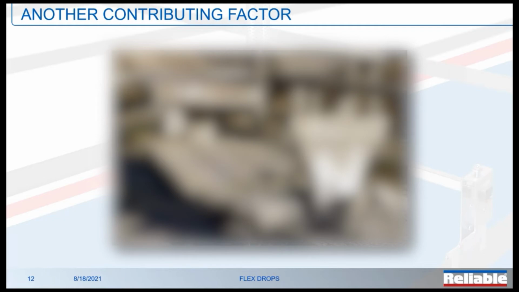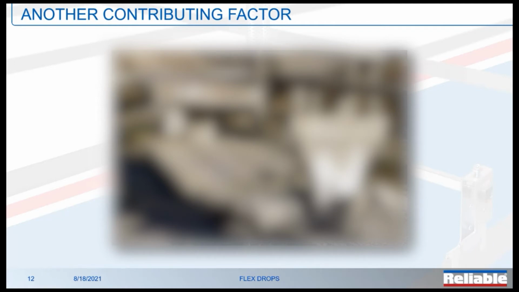And we've still seen this ongoing attention being paid to seismic. So how do we address things that are going to move in different directions? And with regard to flexible drops, it's things like an acoustical ceiling, right?